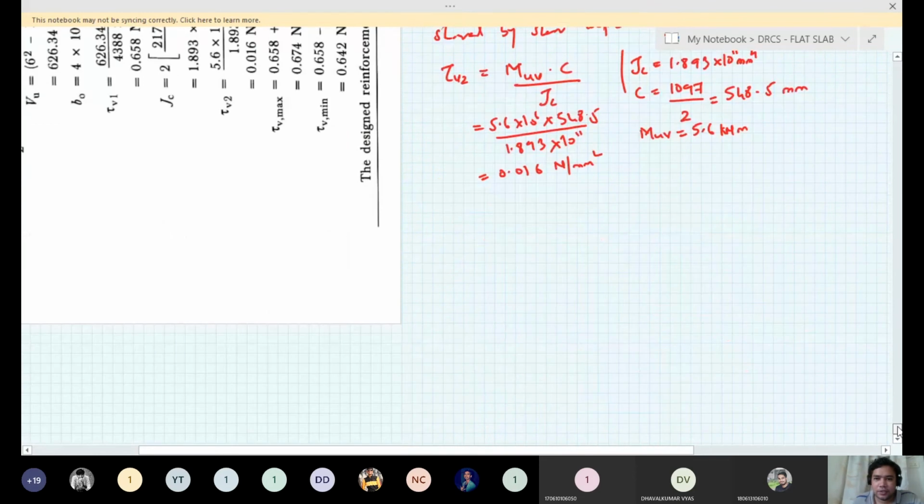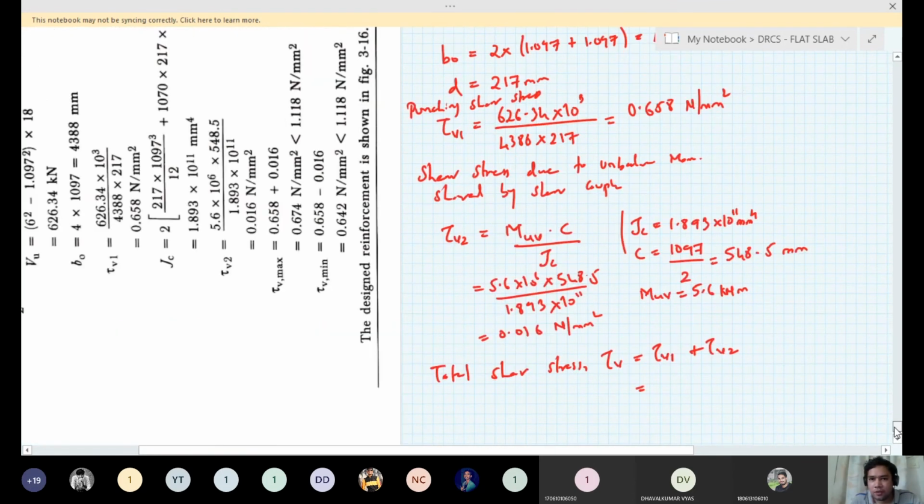So the total shear stress tau v is equal to tau v1 plus tau v2, so that will be 0.658 plus 0.016, so it will be 0.674 Newton per mm square.